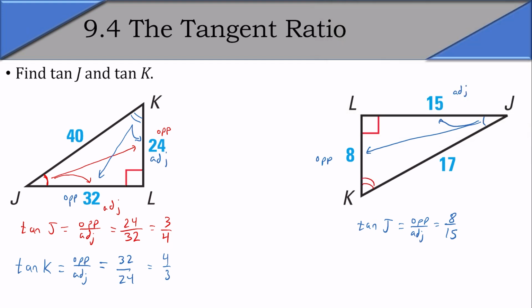For K, tangent of K is opposite over adjacent, but the opposite from K is the 15. And the leg adjacent to K is the 8. Notice tangent of J and tangent of K are reciprocals of each other. That'll always happen if you use the two acute angles in a right triangle.